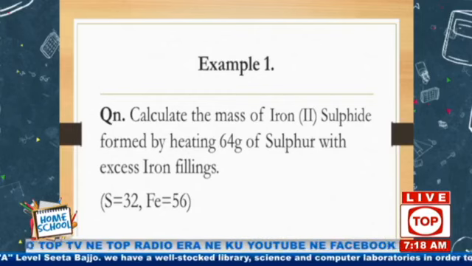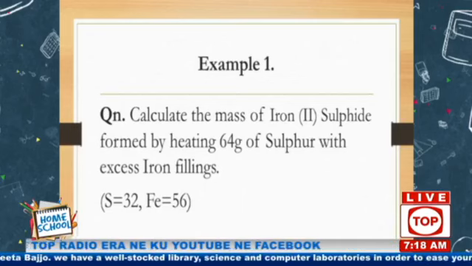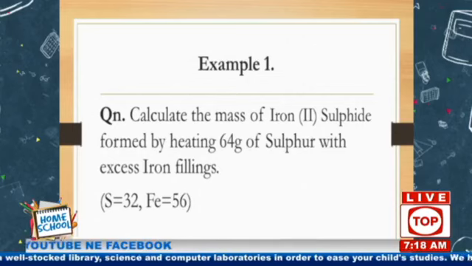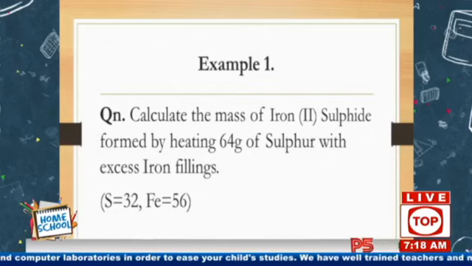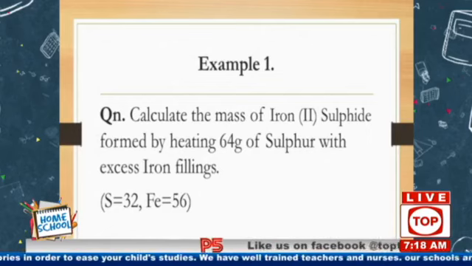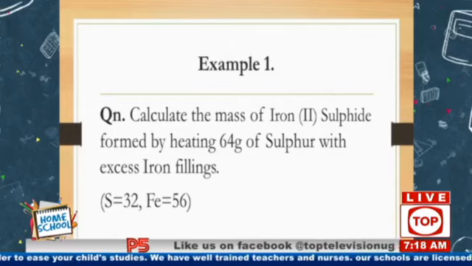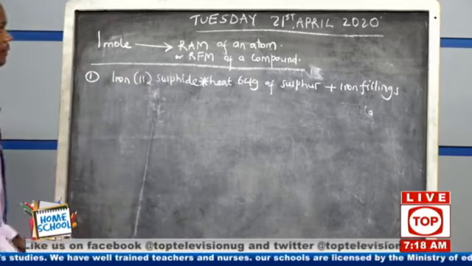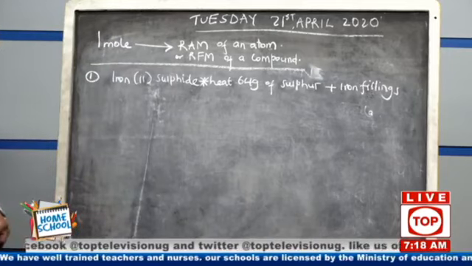You heat 64 grams of sulfur, but when this sulfur is reacting with iron filings.